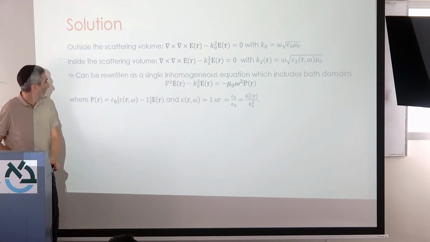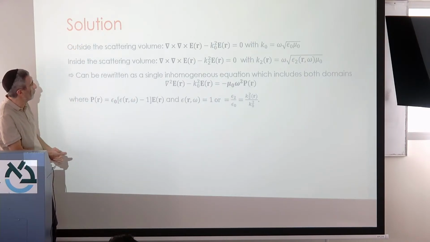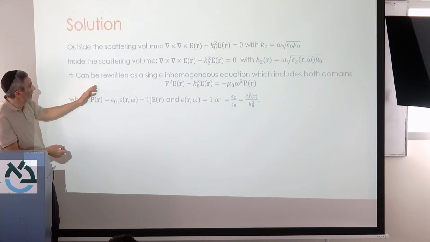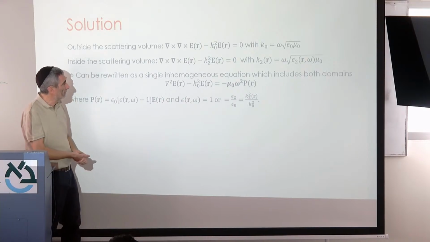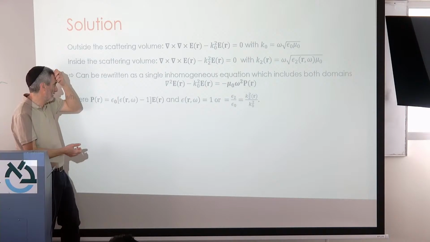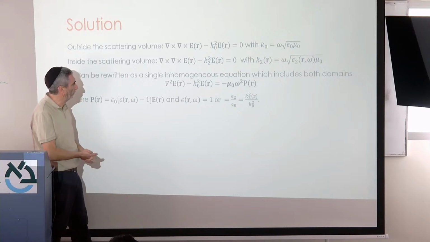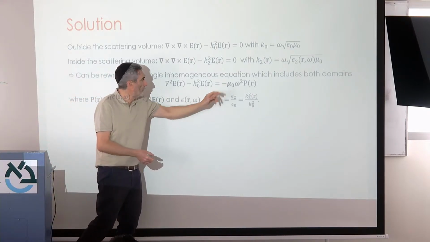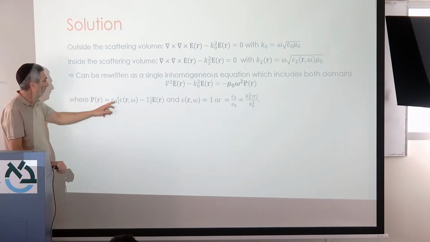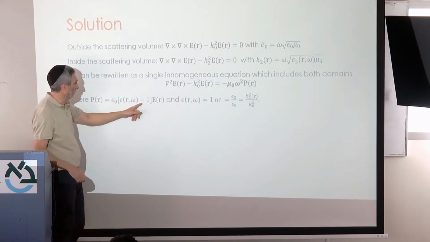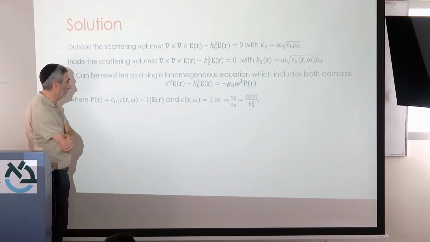So these two cases can be grouped in one formula, if you prefer. This can be rewritten as a single inhomogeneous equation, which includes both domains, outside and inside the scatterer. So you have the operator applied to E equal to minus mu 0 omega squared P of r, where P of r is just epsilon 0 times epsilon minus 1 times E. That's by definition the polarization.